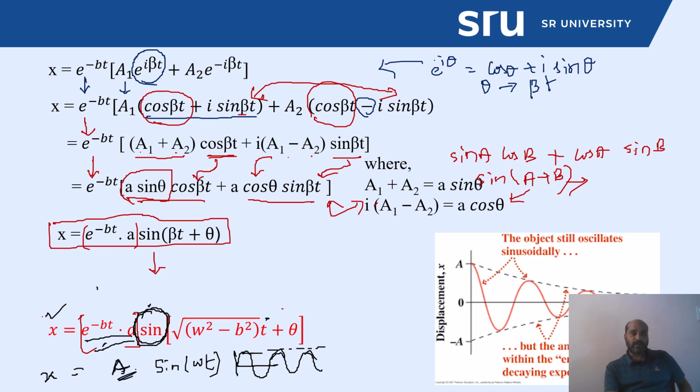But now here A e to the power of minus bt is the amplitude for the under damped condition. This amplitude is decreasing with respect to time, so that amplitude is not constant. In what way is it decreased? Exponentially it is decreasing. Right? This is a graphical representation of the under damped condition, damped oscillations.